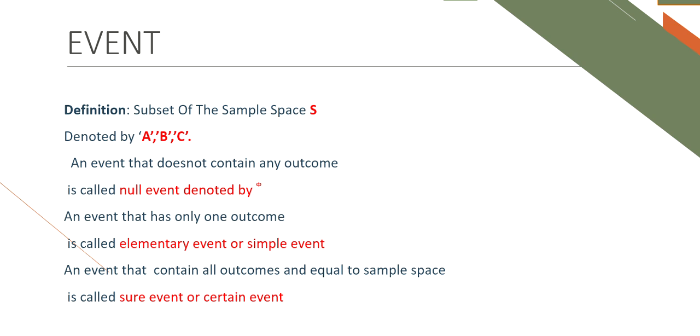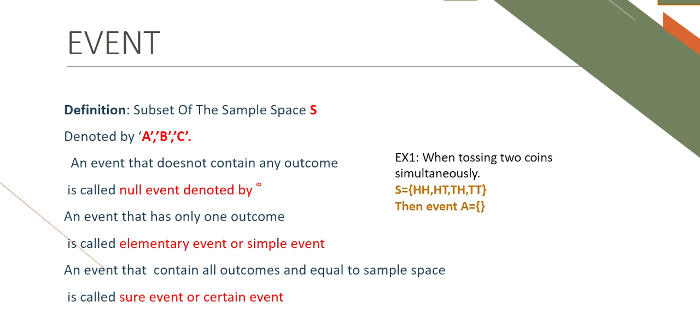Now let us take an example to understand it better. So when tossing two coins, the possibilities I have written. Now event A equals nothing, which category does it come under? Any guesses? Yes, it is a null event. So I'll take another example now.